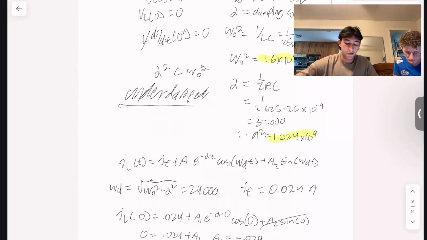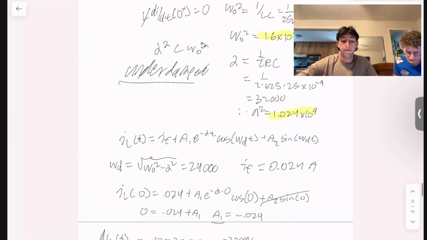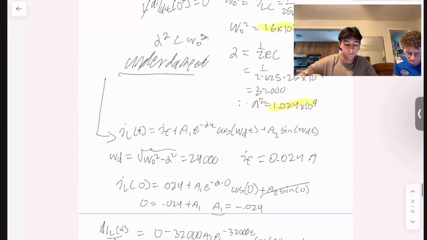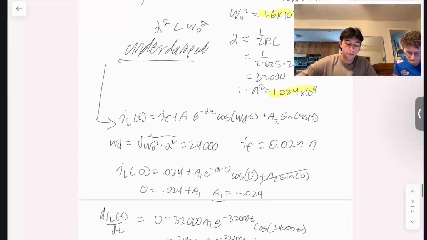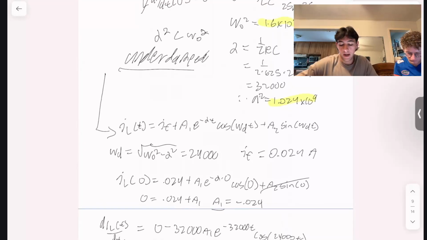So now that we know the system is underdamped, we have the general form of the solution given by IL of t equals I final plus A1 e to the negative alpha t cosine omega damped t plus A2 sine of omega damped t times e to the negative alpha t.